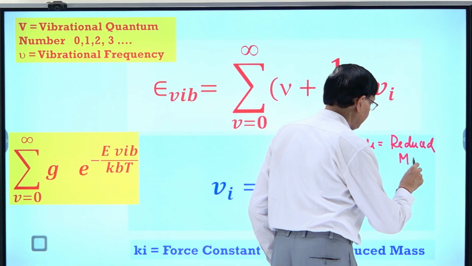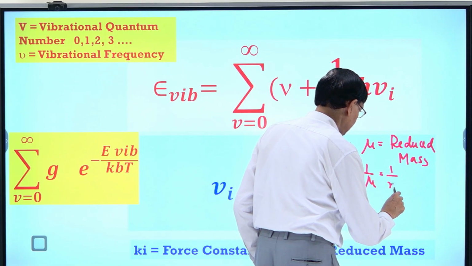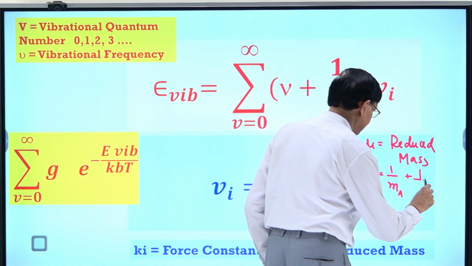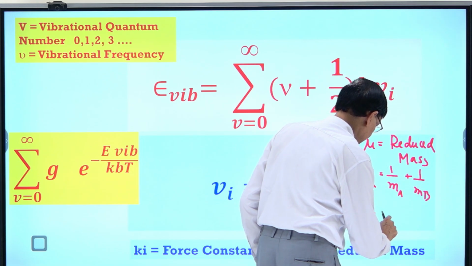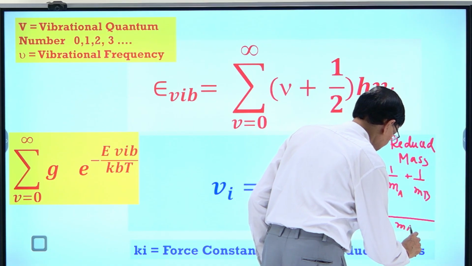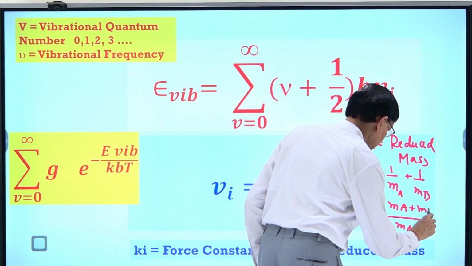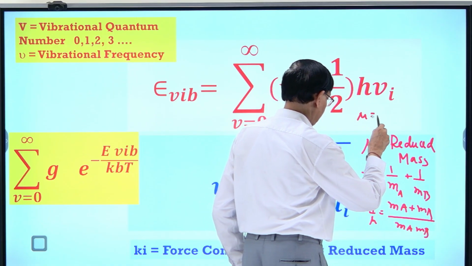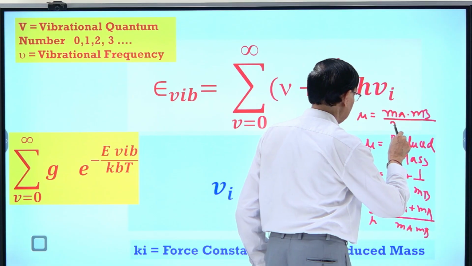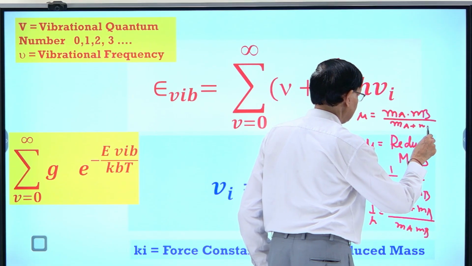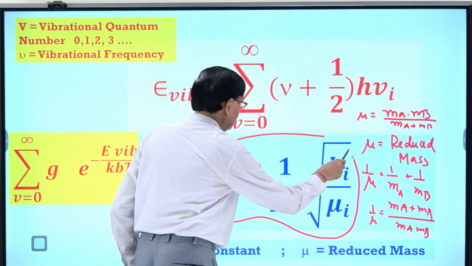During the derivation of the rotational partition function, I have already told you, if it is Ma plus Mb or whatever you write, mu is equal to Ma Mb divided by Ma plus Mb. So I am not going into details of these things.